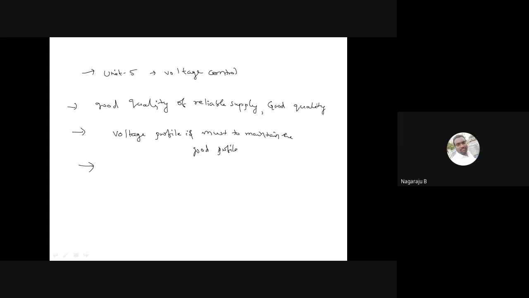Next one is, to have voltage regulation, why we are going for voltage regulation and what is its importance. When the source is there and loads are available here, sudden changes of the load affect the voltage profile of the source.